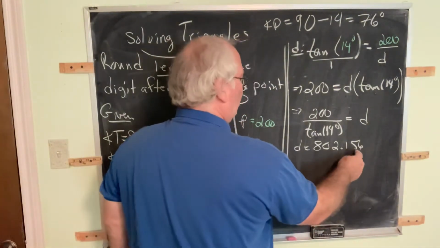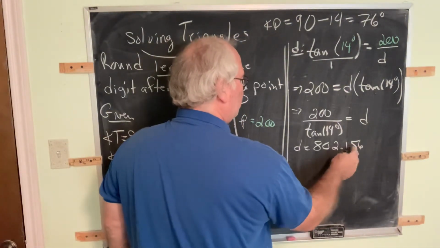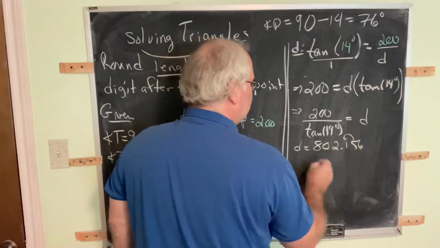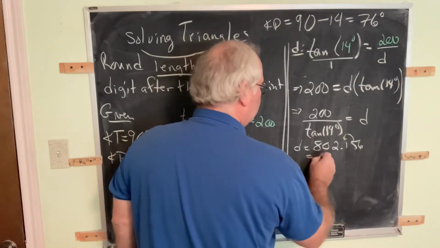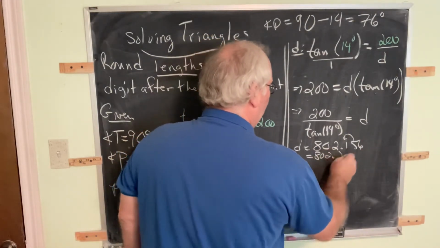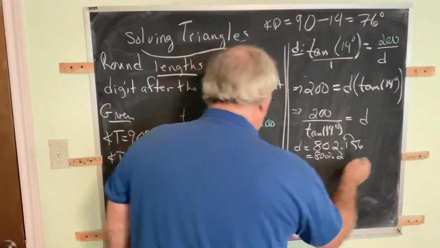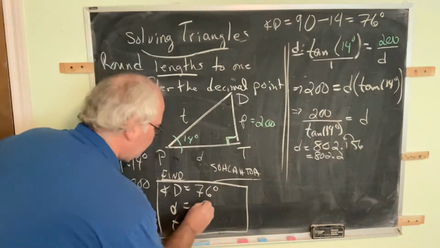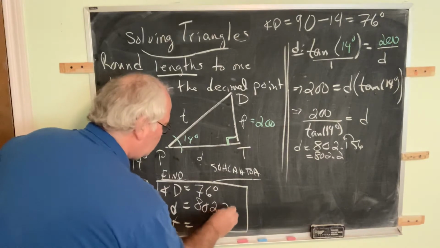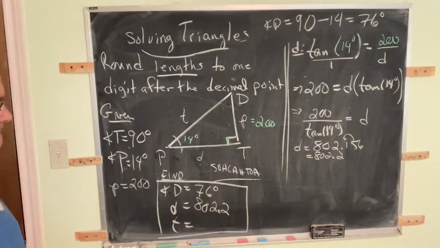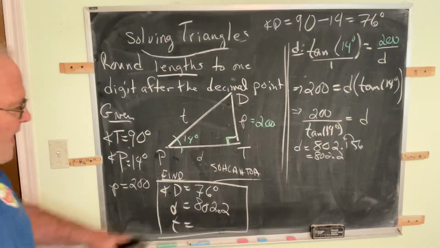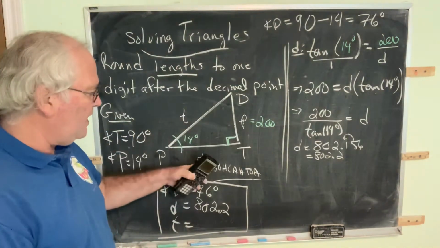Remember, 0 through 4 rounds down, 5 through 9 rounds up. So this 5 causes the value we're going to use to be 802.2. And again, we don't care what the units are. All right. So we found lowercase d.